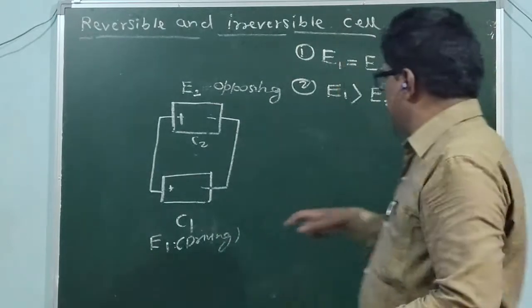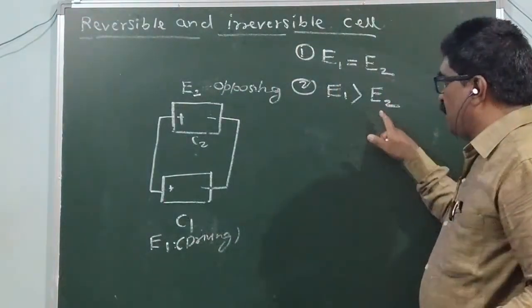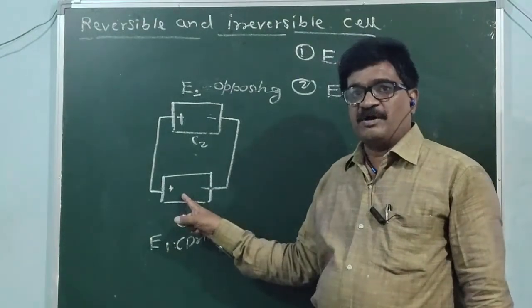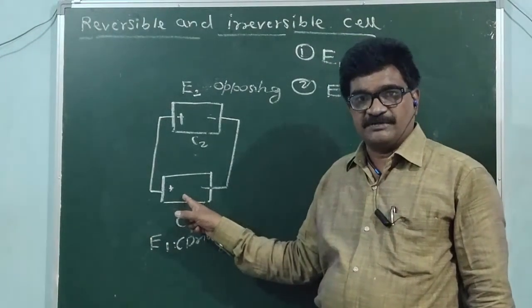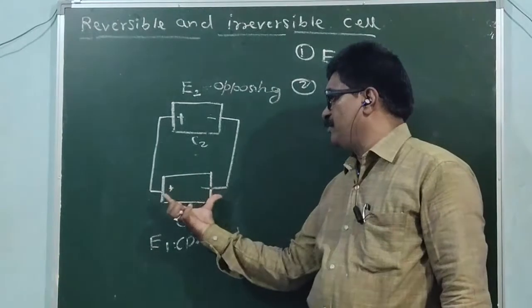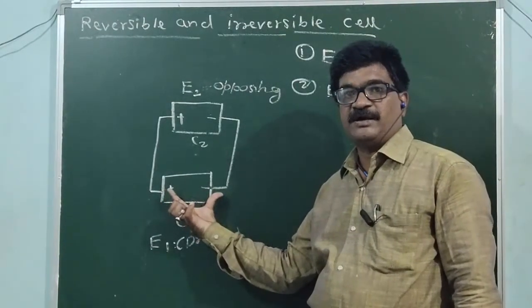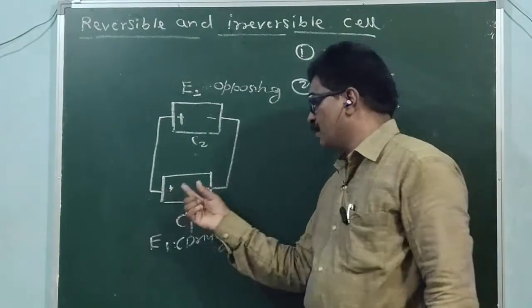Now here E1 is greater than E2, that means this cell is responsible for flowing the current into the circuit, because this cell has now taken command of the outer circuit so that the electrons flow in the circuit.